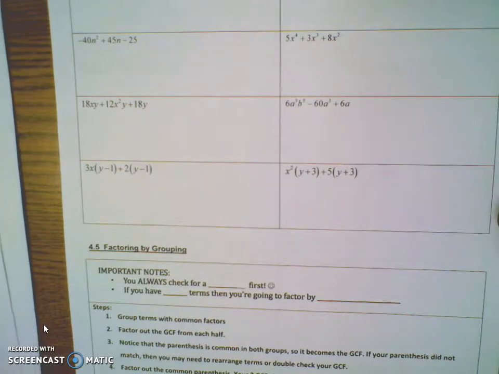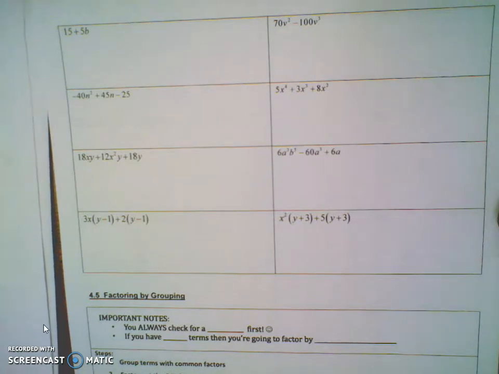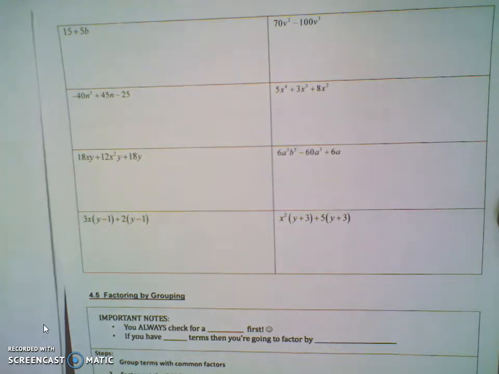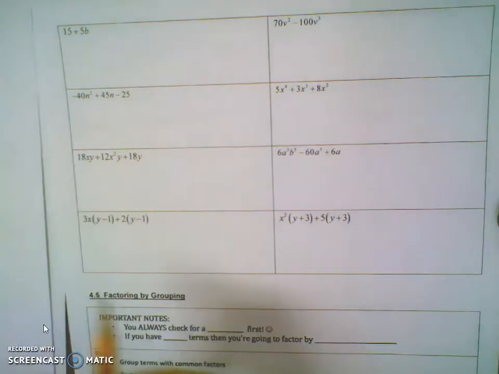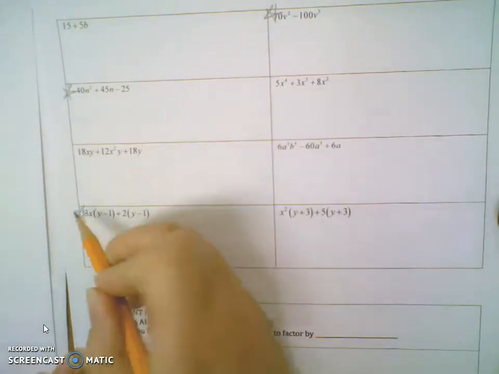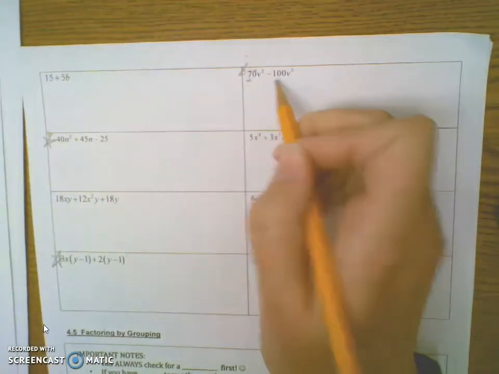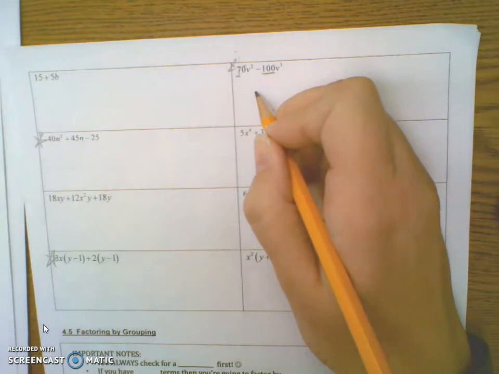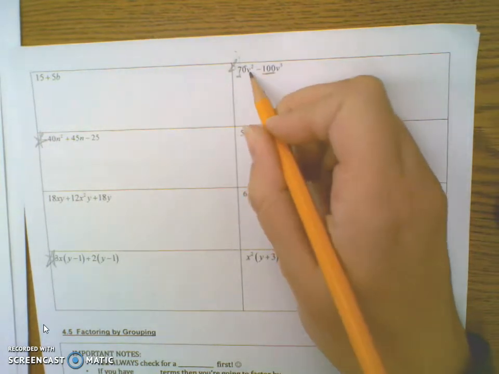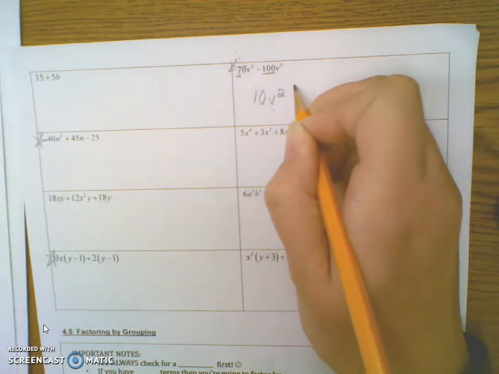Okay, go ahead and flip the page, and I will do a couple of them, and then you guys can do a couple of them. I'm going to do this one, and this one. Right here, let's look at 70 and 100. The GCF of that is 10, and then we have a v squared and a v to the 3rd, so we're going to use v squared.